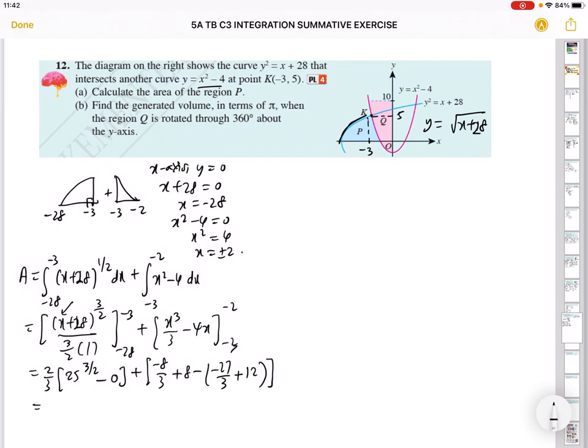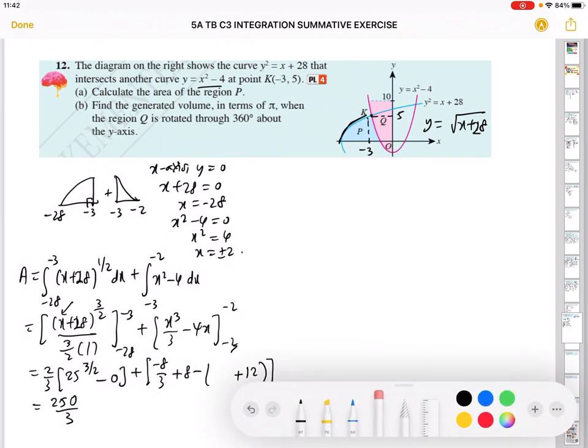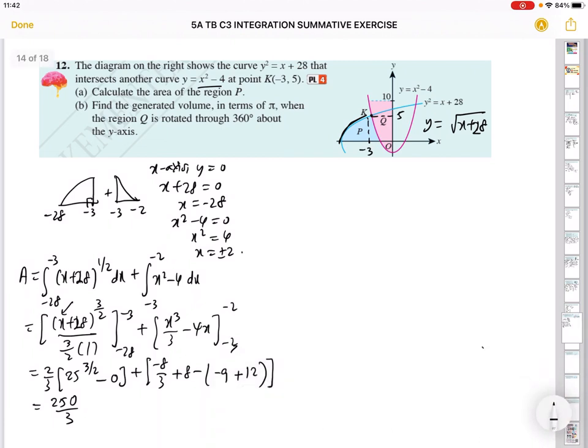Maybe I write this as negative 9, easier for me to count mentally. 8 minus 3 is 5. 5 minus 8 over 3 is 7 over 3. So it's 257 over 3, which you can write as 85 and 2 over 3.